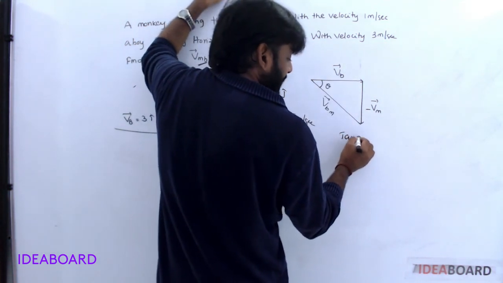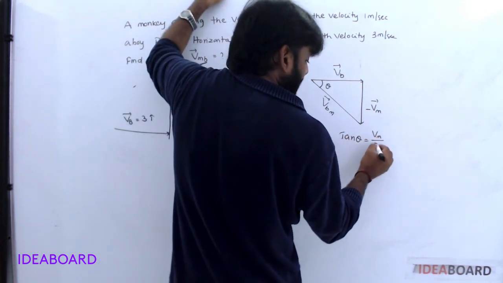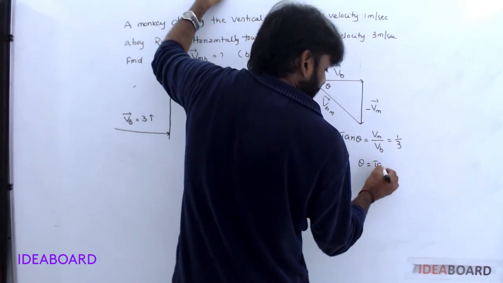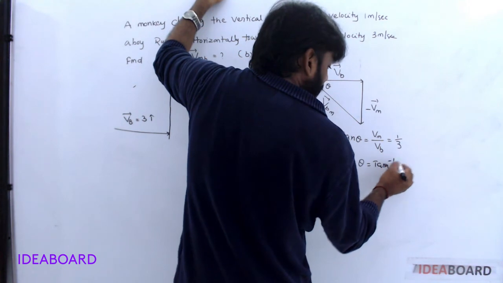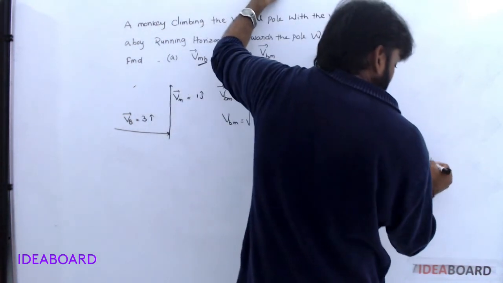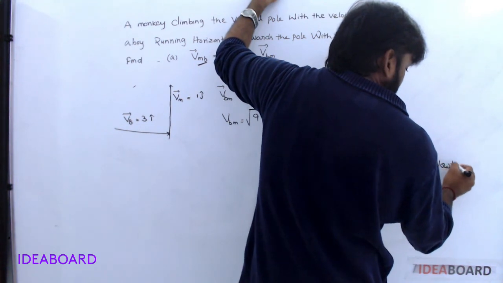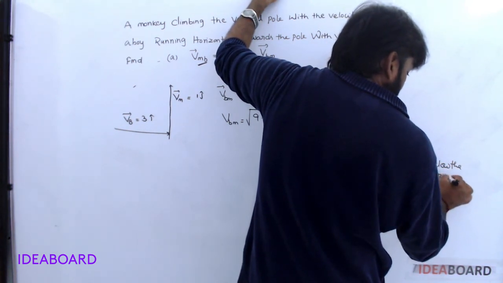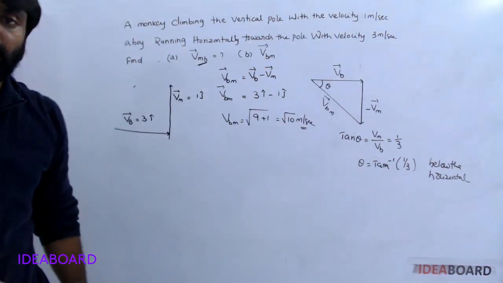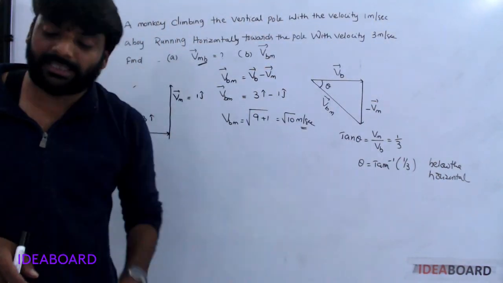So from this one, tan theta equal to monkey velocity by boy velocity, 1 by 3. Theta is equal to tan inverse of 1 by 3 with horizontal, below the horizontal. Okay, below the horizontal. Understood? Here the main important one is direction.